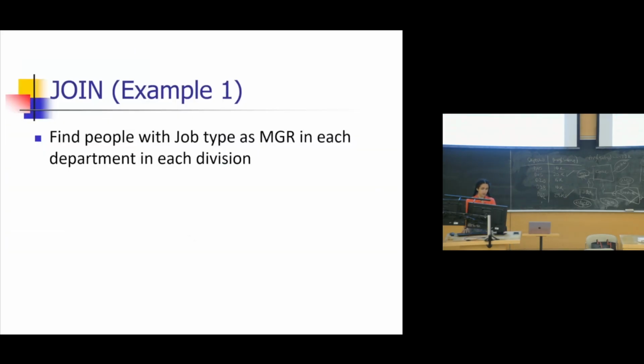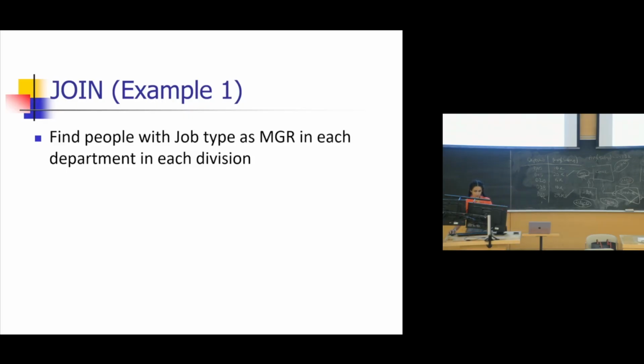Now, if you, for example, want to find people with job type as manager in each department, in each division, how many tables should you join first here? Or do you need to join at all?